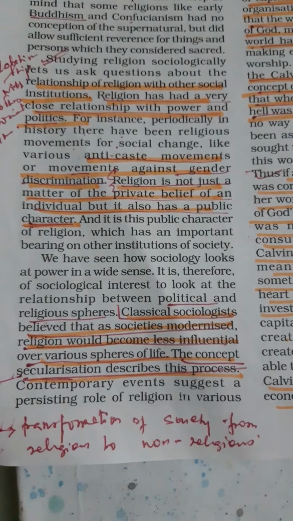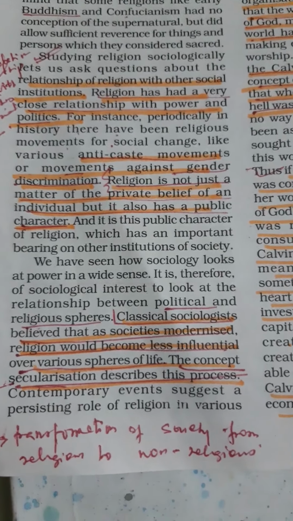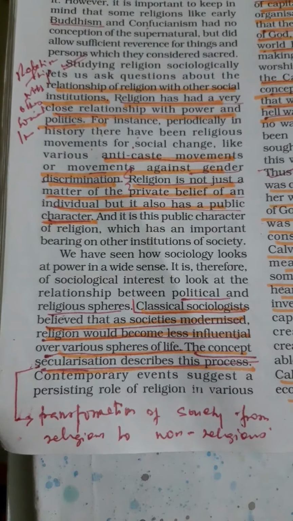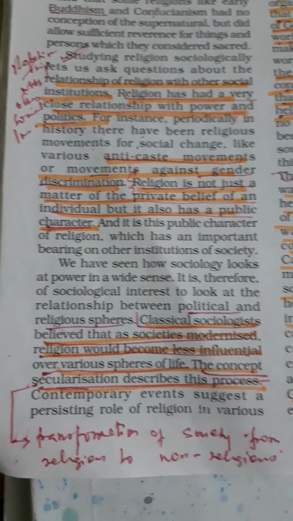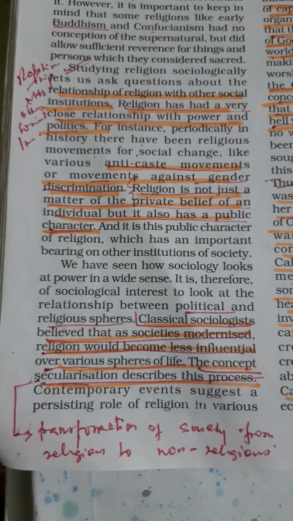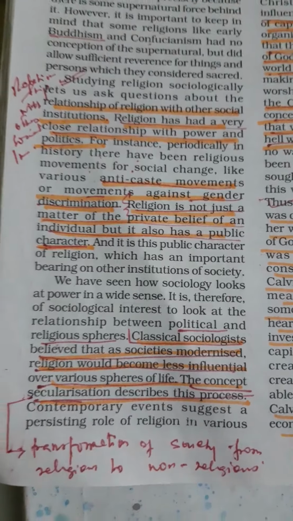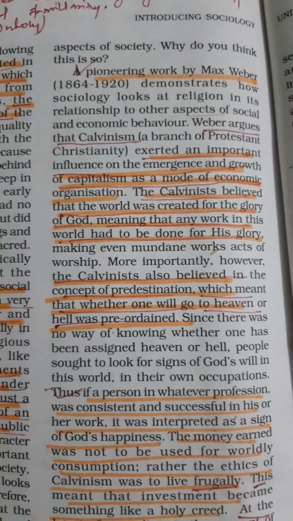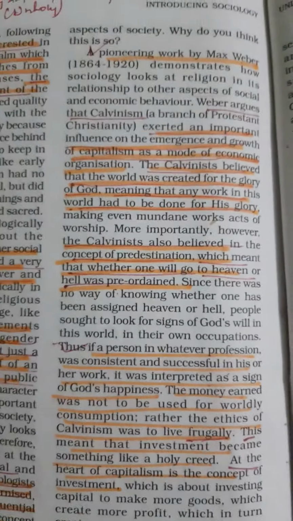Secularization means that you don't judge things or do things on the basis of religion. In very simple words, it is the transformation of society from religious to non-religious space. So when society modernizes, that will happen.